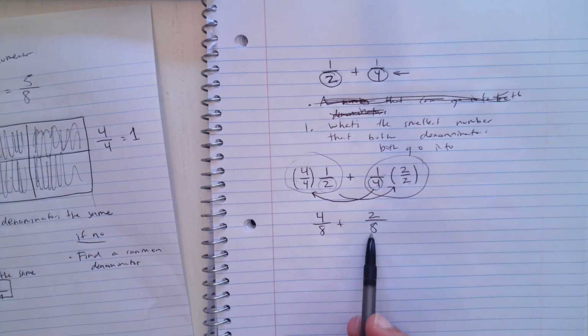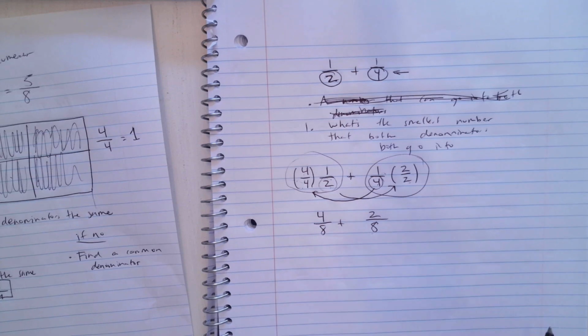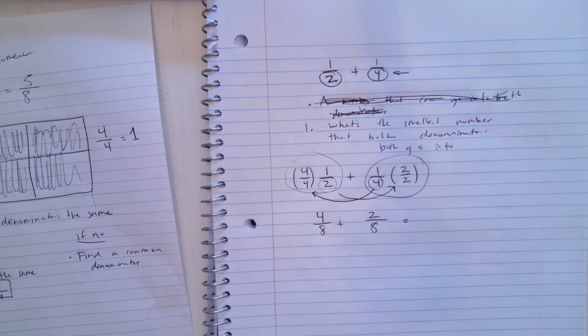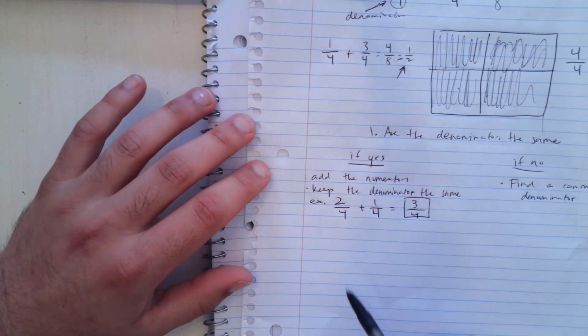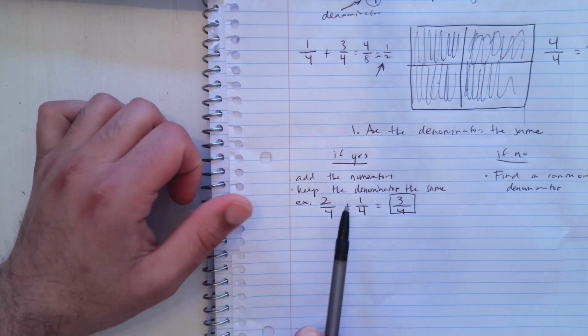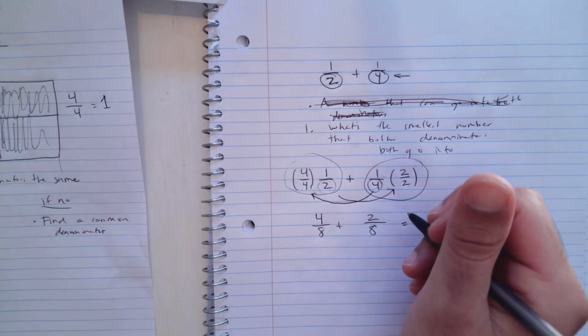Are our denominators the same? Okay, so can we add these fractions together now? Yes, right? Which we wrote down, because if the denominators are the same, what we do is we add the numerators and keep the denominators the same.